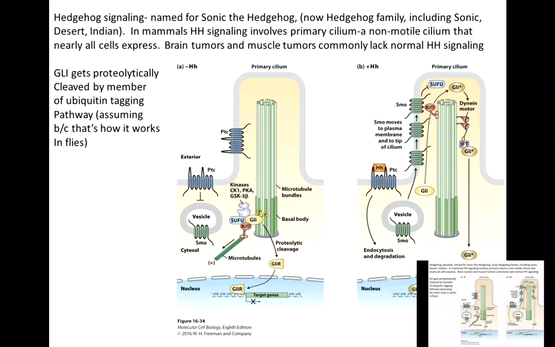And the flies where this mutation was discovered had very bristly sort of hairs on them. It made them look like hedgehogs, and hence the name Sonic the Hedgehog. The people who study flies have much more interesting mutation names than people who study other sorts of model systems.